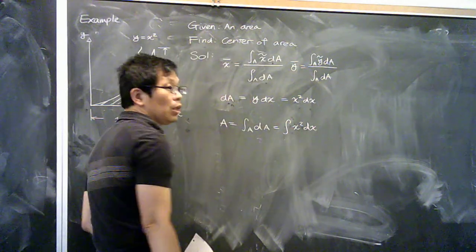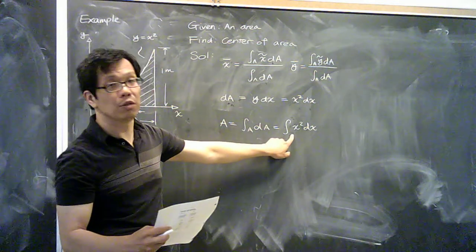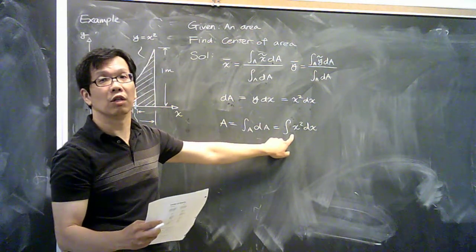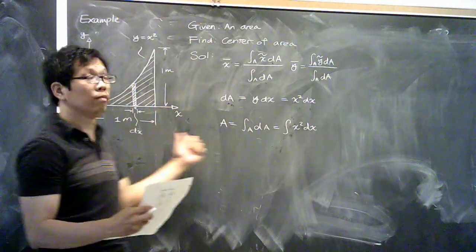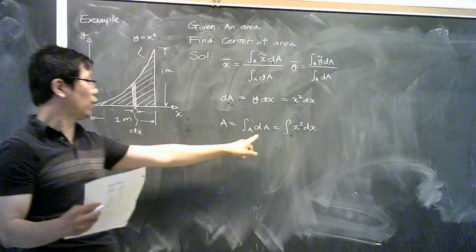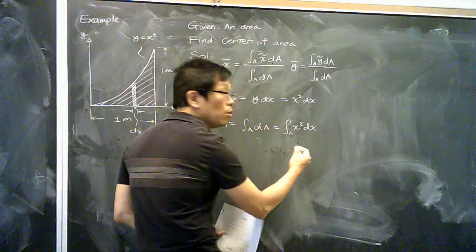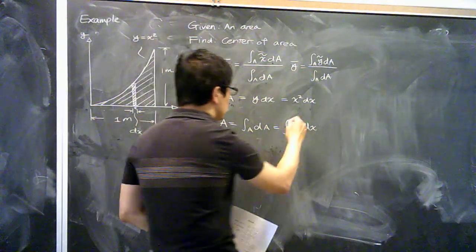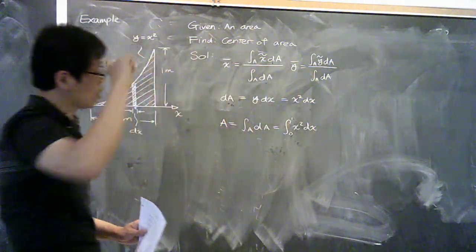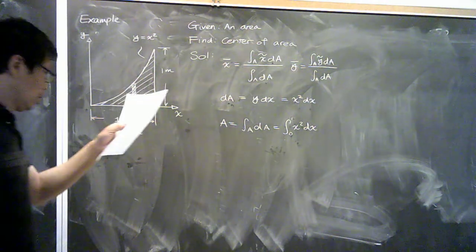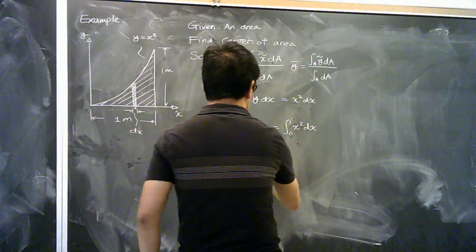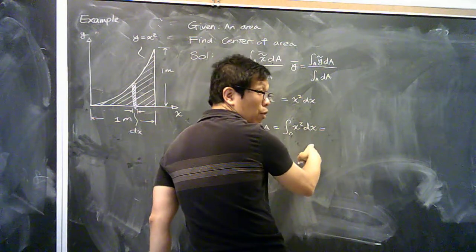How do we determine the integration range over here? Do we know its starting point based on this configuration? We start from 0. And where do we end? 1. Okay, very good. So when we have this information, this is straightforward, right?